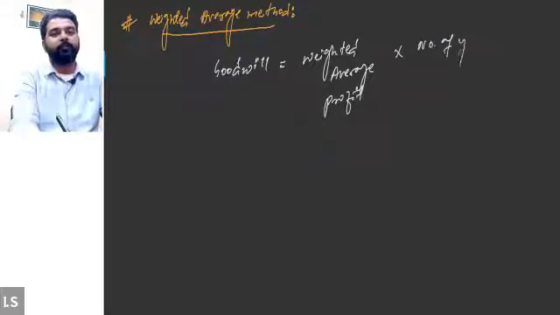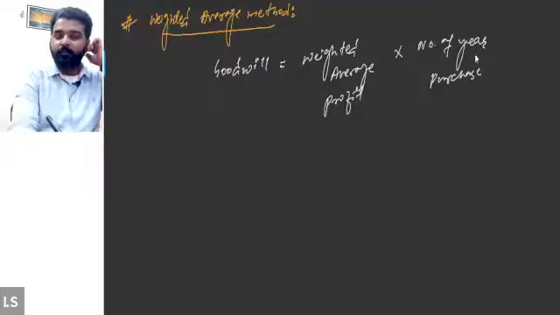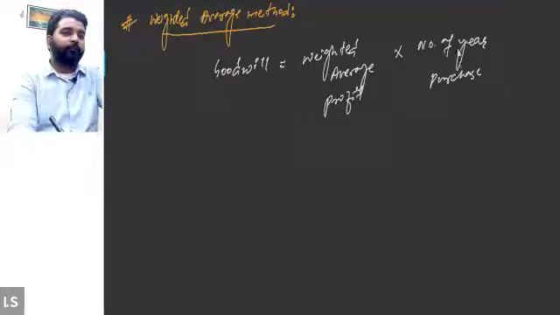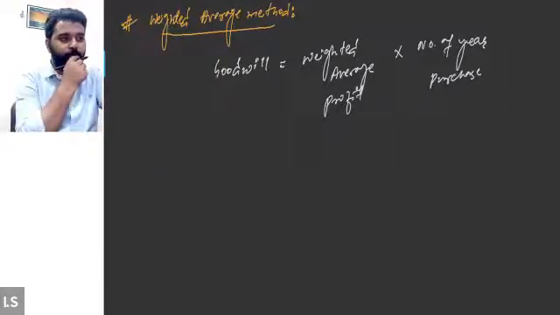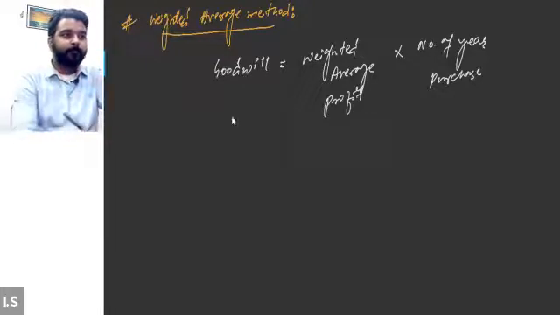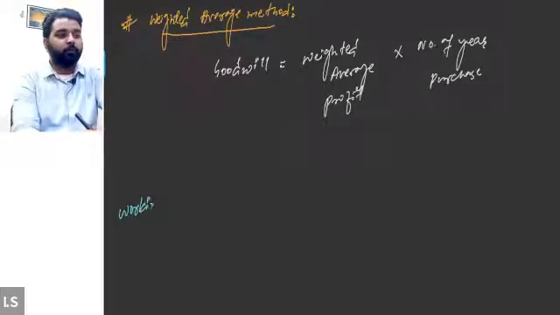So this formula is almost similar to the previous one. The only difference is that this time, instead of finding out the average profit, we will be calculating the weighted average profit and then multiplying it with the number of years purchased. As usual, we will be preparing a working note for the calculation of the weighted average profit.